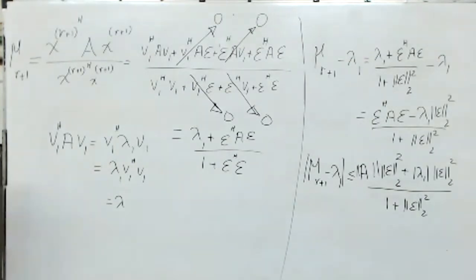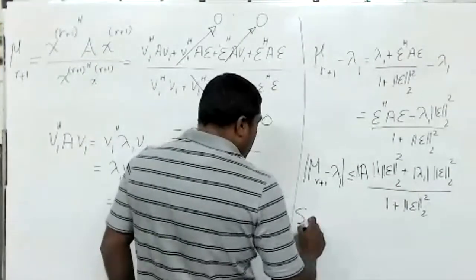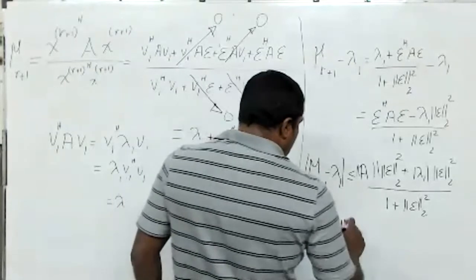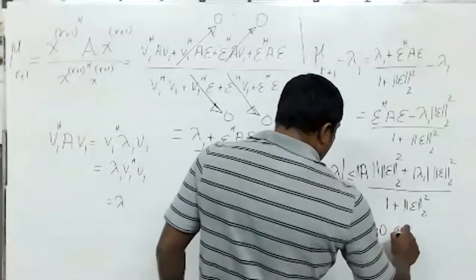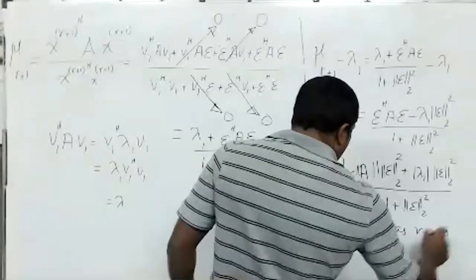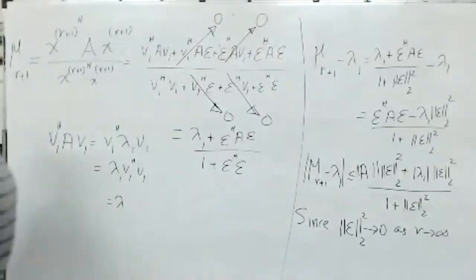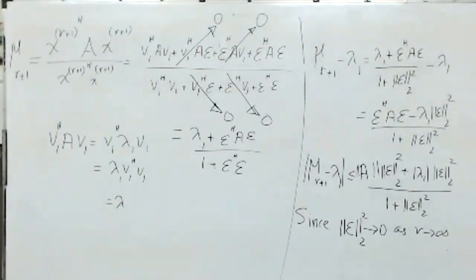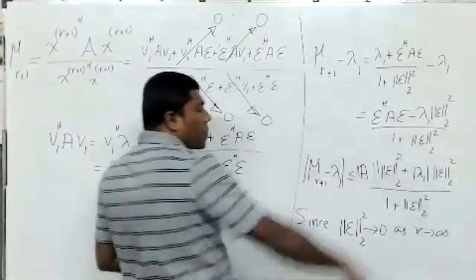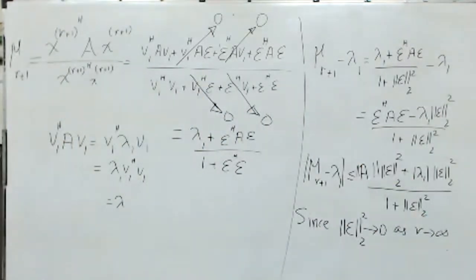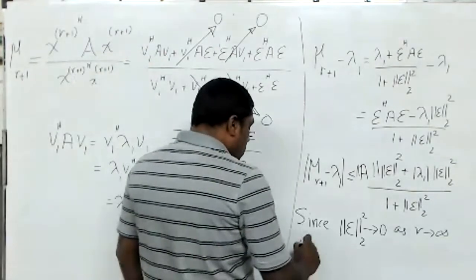Now, because the 2-norm of epsilon squared goes to 0 as r goes to infinity, this one goes to 0, this one goes to 0, and this one goes to 0. So eventually the whole thing goes to 0.